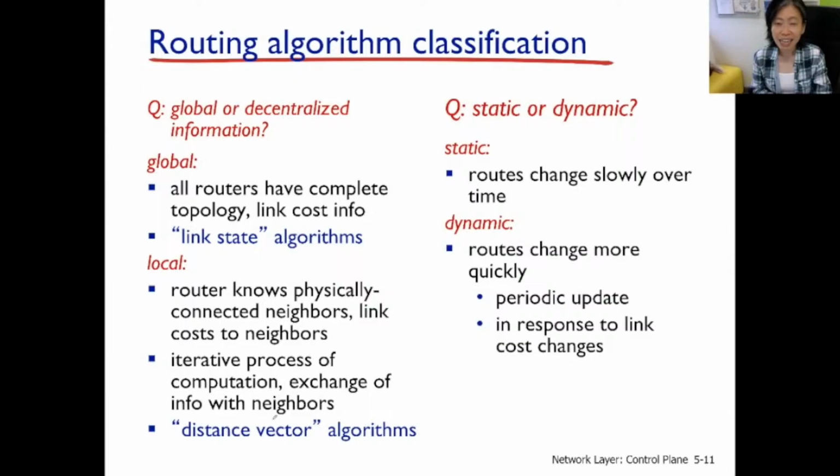On the contrary, in distance vector, routers no longer require global information. The routers also do not do one-pass route computation. Rather, the router only needs local information, namely, a router only needs to know how it's physically connected to the immediate neighboring routers and the link cost to the neighboring routers. And that's all.